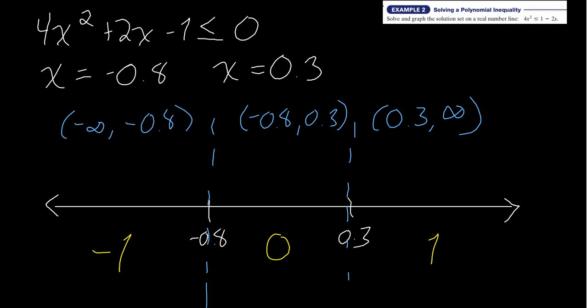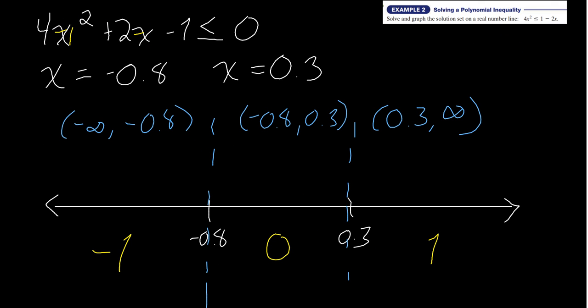Now, I don't actually need a calculator for this. Let's not use a calculator, because it's pretty easy arithmetically. If I plug a -1 in right here and a -1 in right here, let's do the arithmetic. Again, PEMDAS, we square the -1 first. -1 squared is 1. 1 times 4 is 4.